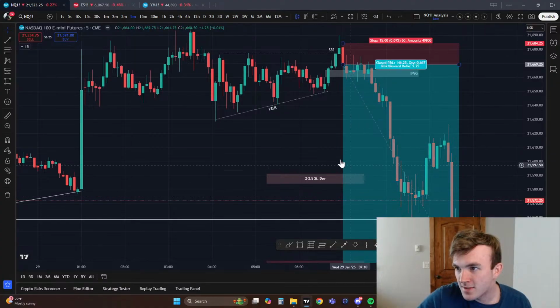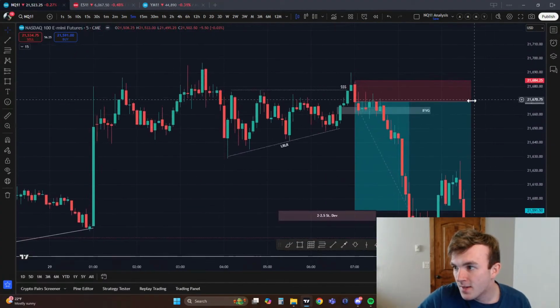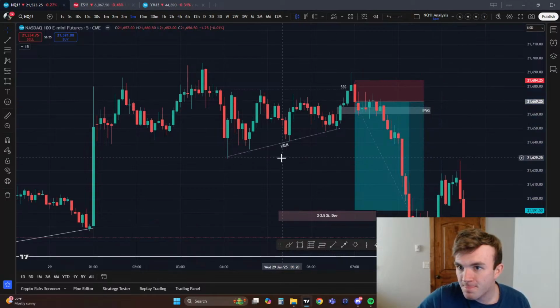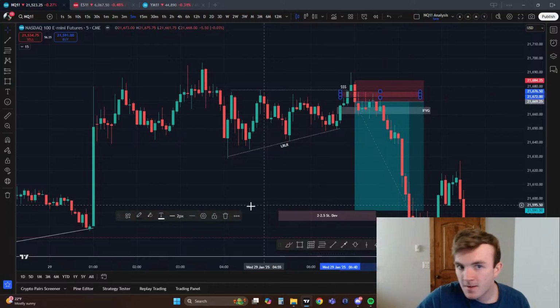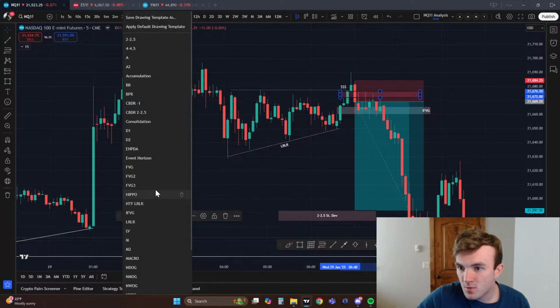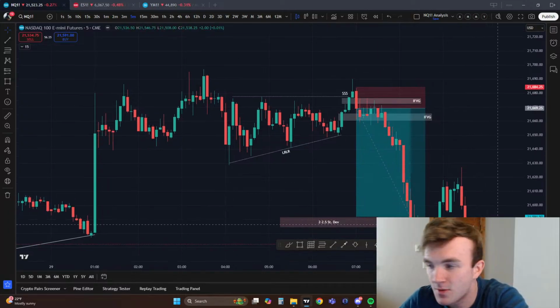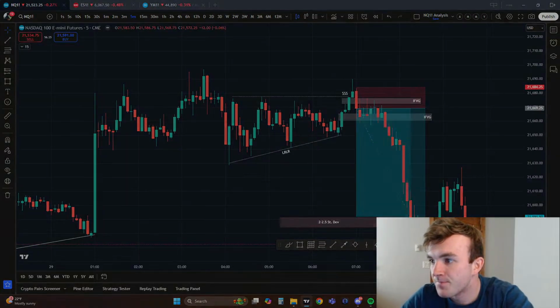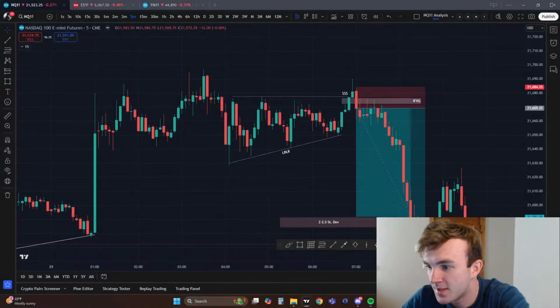I don't know if I would personally do that, but you could have taken that. So here's that. I'll mark it out just in case maybe someone would want to take it. Okay, so this is the IPG with an external gap here.